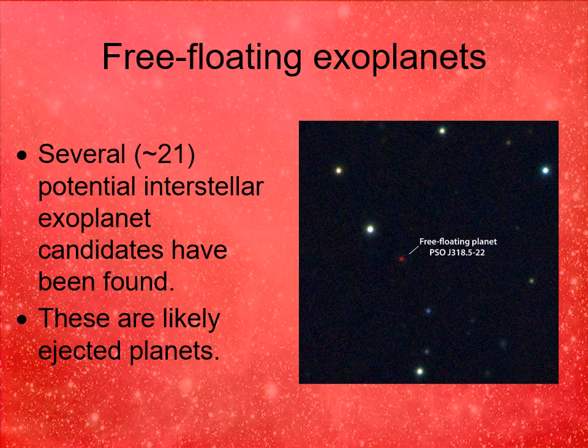Many, many years ago, there was actually a novel written and then a movie based on it called When Worlds Collide, about an exoplanet coming into the solar system on a collision course with Earth. So it is an interesting sort of thing to consider. The likelihood of that happening is low, but it is a possibility.